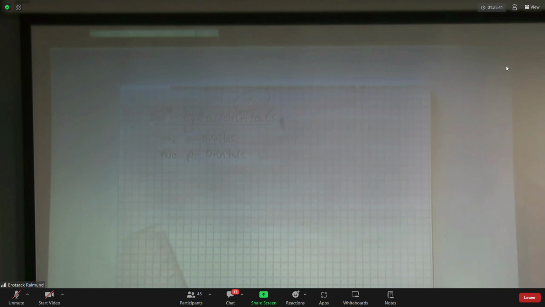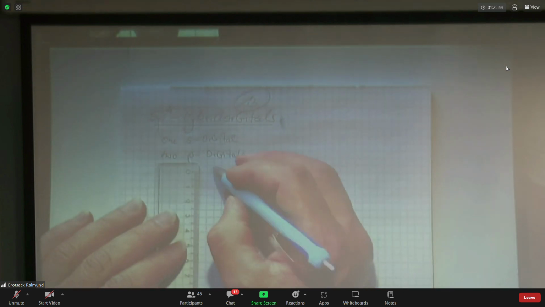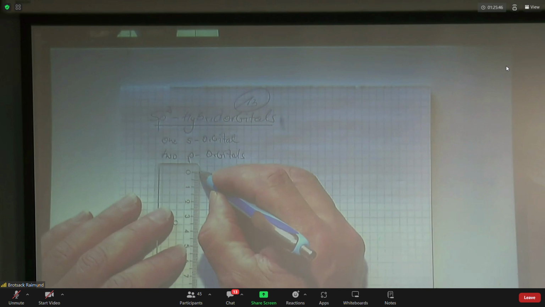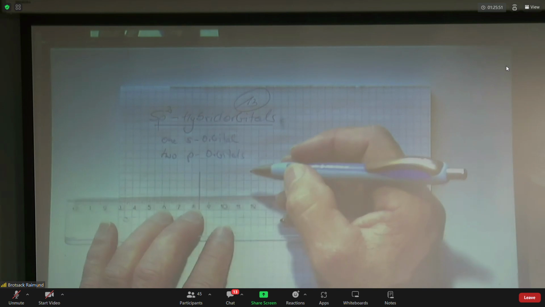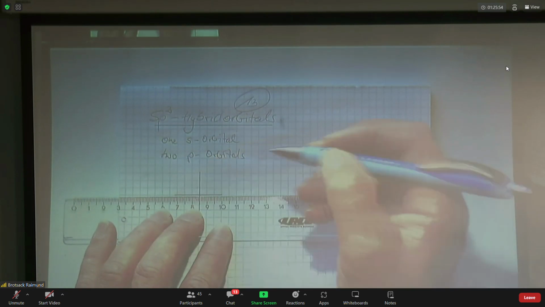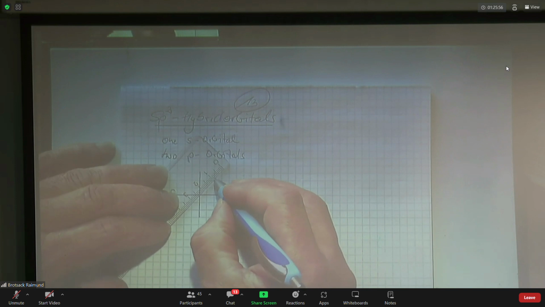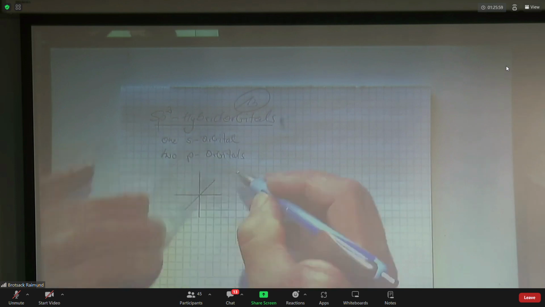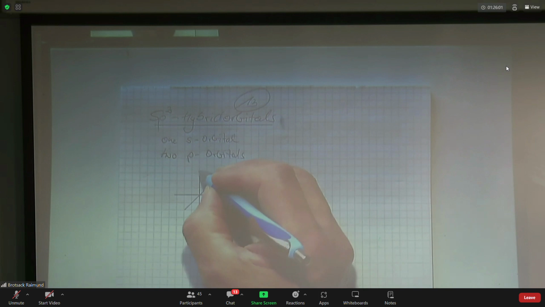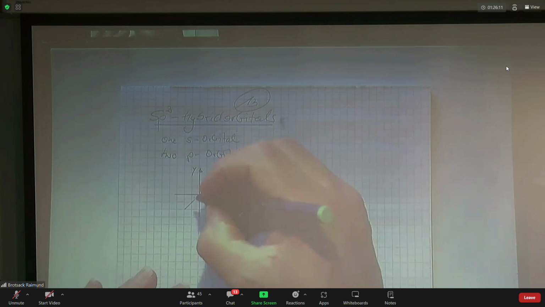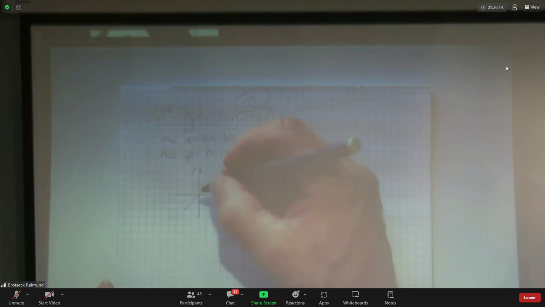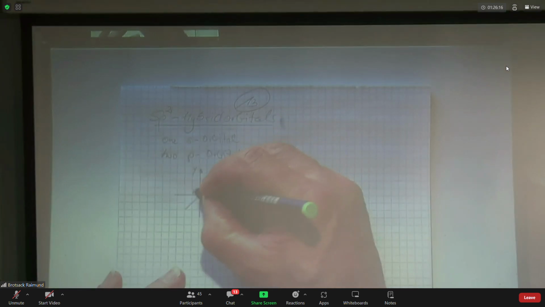When we start, we have our coordinate system with all the 3 dimensions, X, Y, and Z. The s orbital normally is located around the nucleus, ball-like.